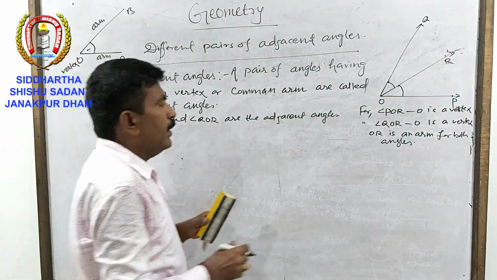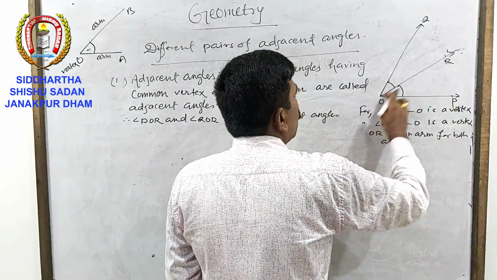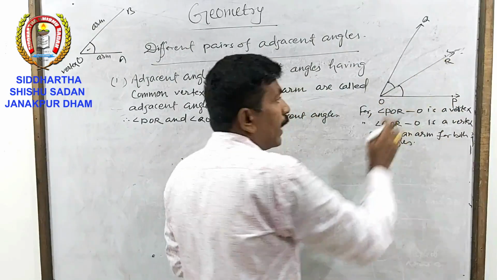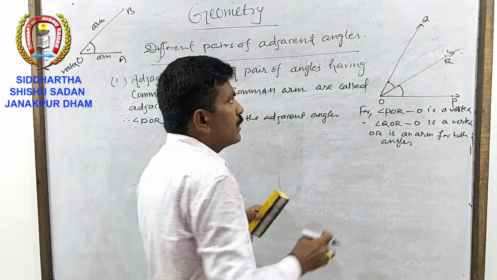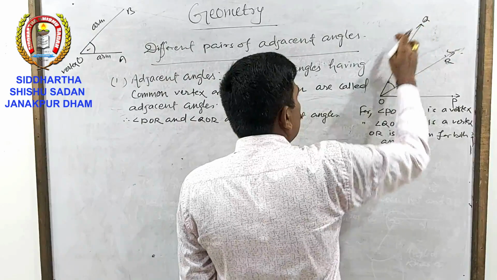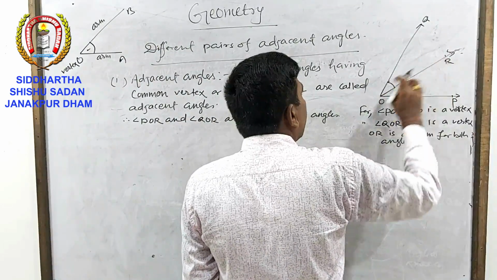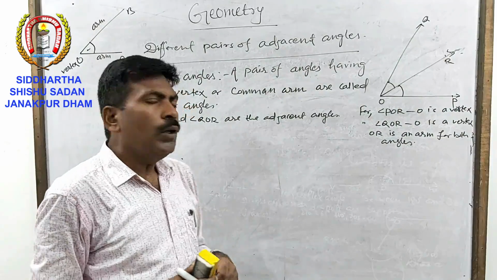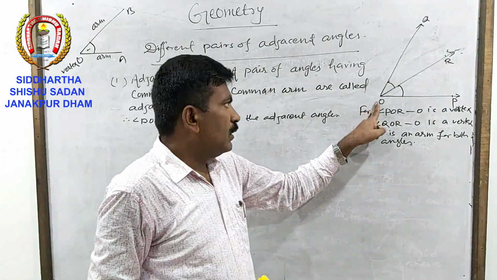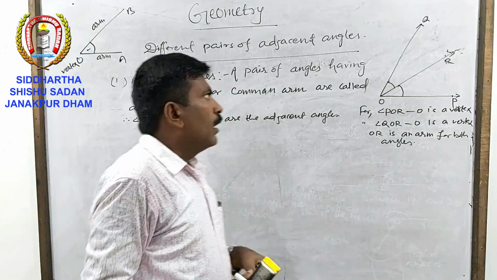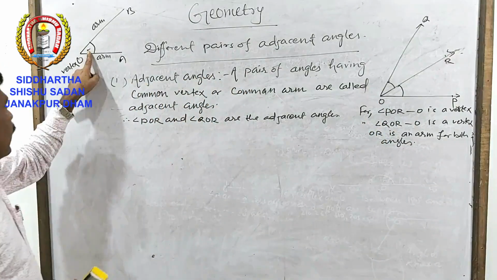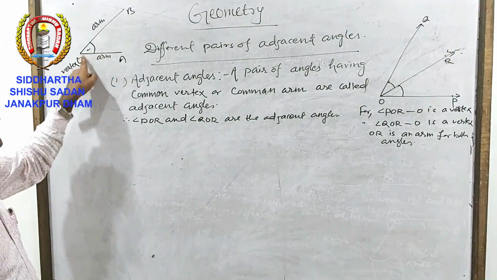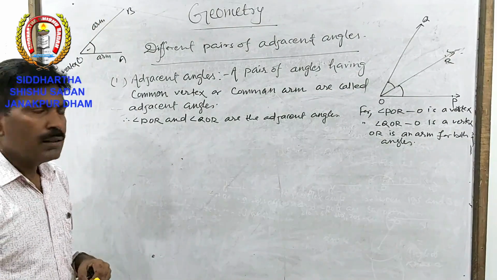So that's why here for angle POR, OP and OR are the arms. Similarly, for angle QOR, OR and OQ are the arms of angle QOR, and O is called the vertex. That means for an angle there must be a vertex, and the two sides mean that these two are the arms.